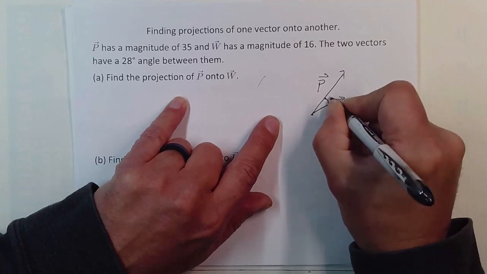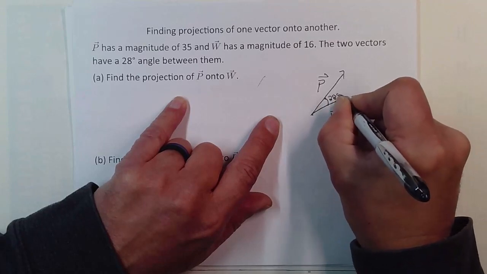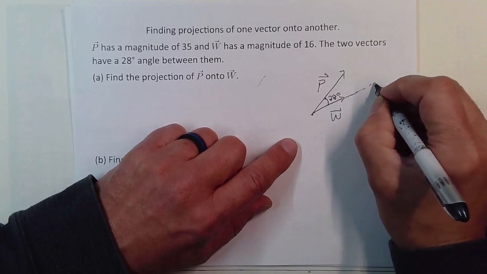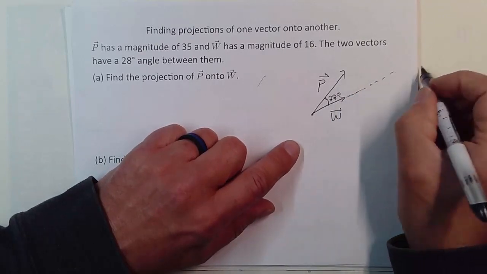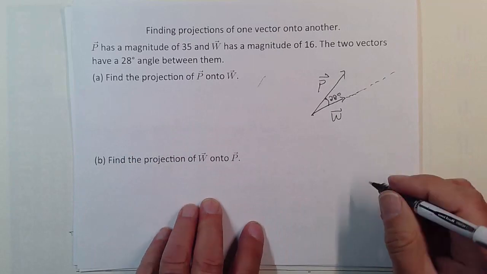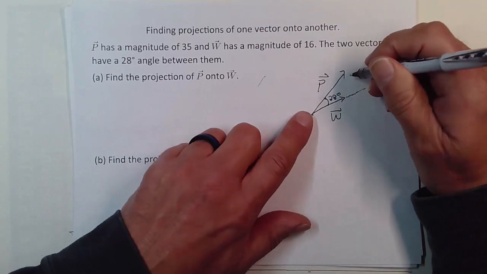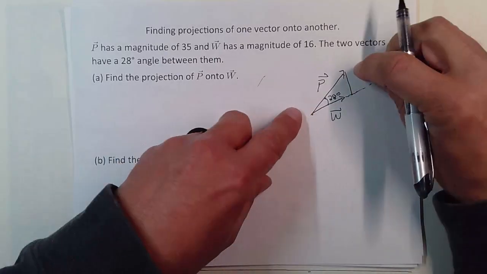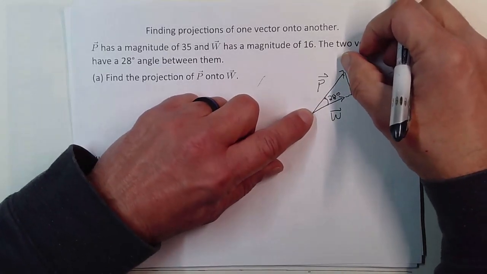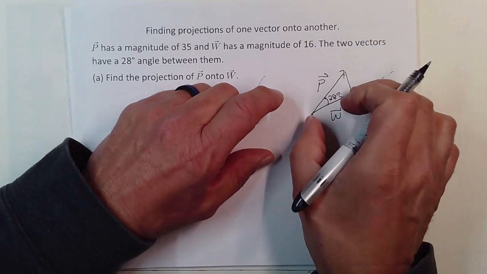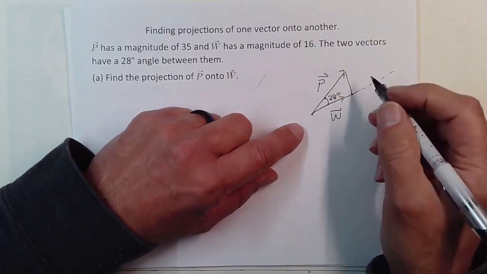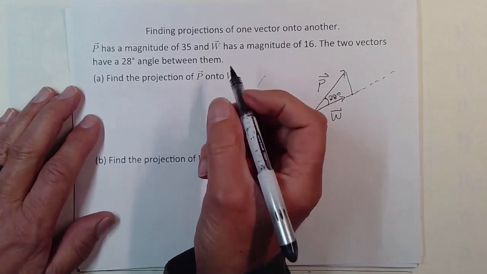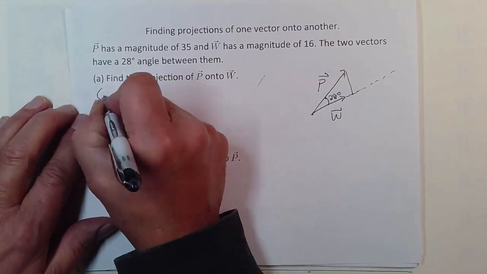Okay, and we have a 28-degree angle between them. But W, you can think of it as having a line of action that extends out in that direction. And the projection of P onto W would be taking this vector here and seeing what its component is in the direction of W.